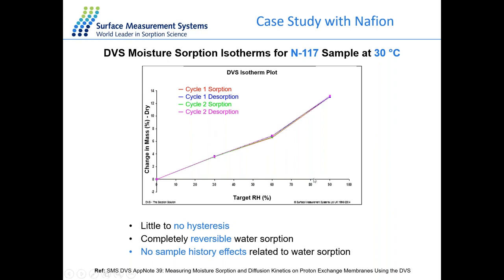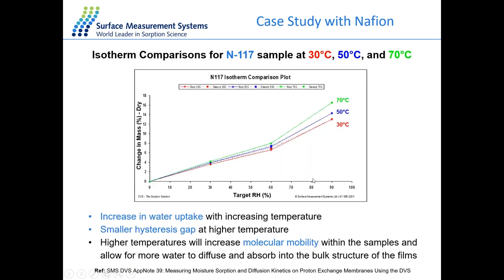So this is just 1 temperature result. And we performed the same experiment at 3 different temperatures, 30, 50, and 70 degrees. The solid line is for the sorption isotherm and the dashed line for the desorption process.